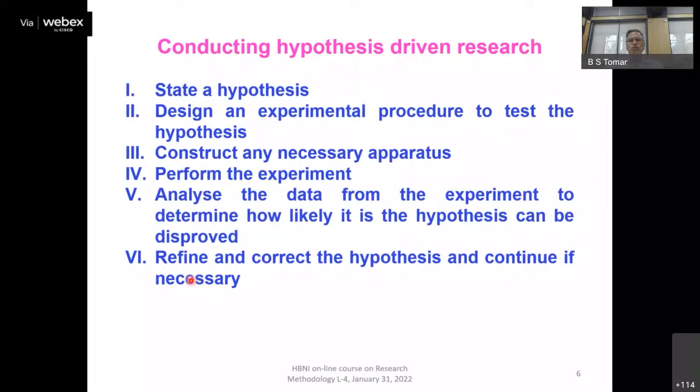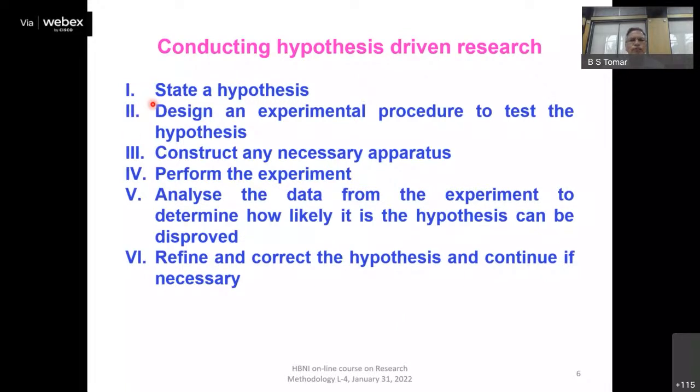So how do you conduct research that is driven by a hypothesis? When you start, the first thing is to make a statement of the hypothesis. So you state the hypothesis, and to state that hypothesis, it is understood that you have done a lot of literature survey. It is like when you formulate a problem, after formulating the problem you do a literature survey, and then the third step is that you make a hypothesis.